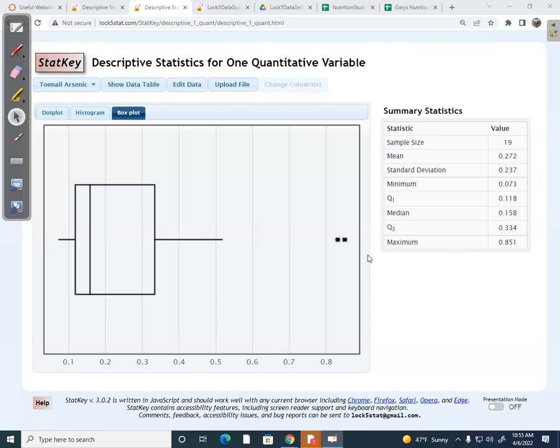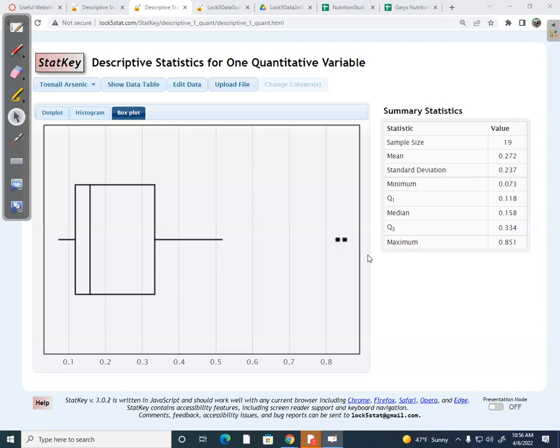Which quarter, not quartile, a quartile is a number, a quarter is a range of numbers, which quarter is the widest in this picture? Not the third one. The third one would be right here. It would be from here all the way to the end. Yeah, the 4th quarter, the upper 25% of measurements are very widely spread out compared to the other ones.